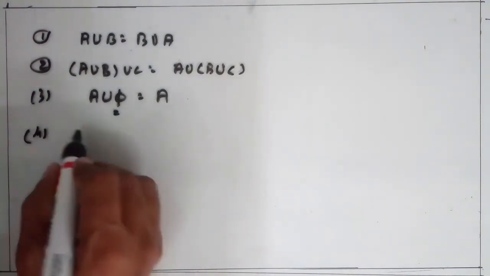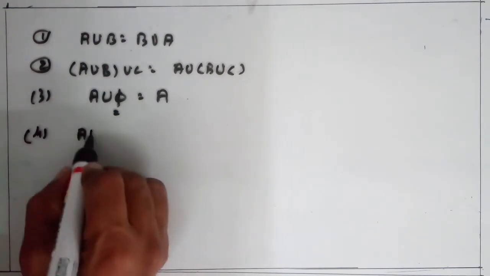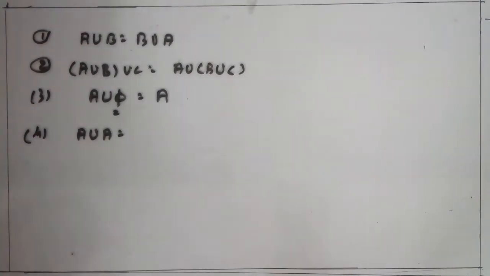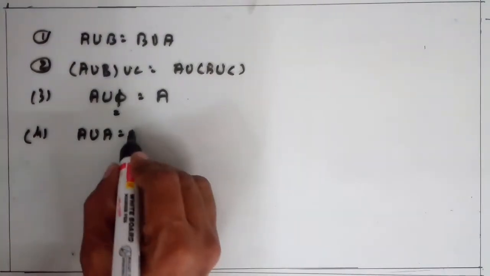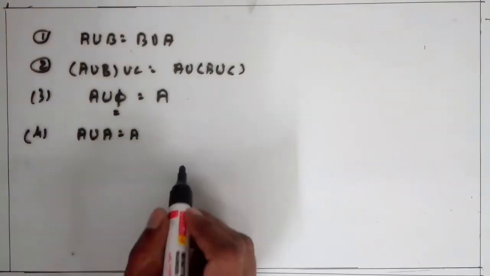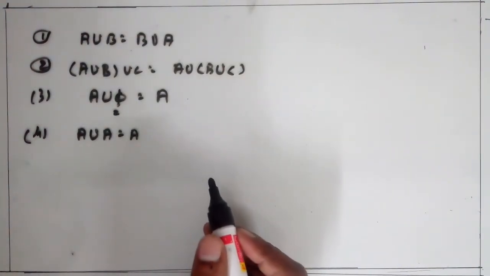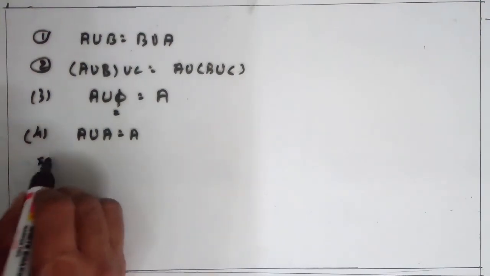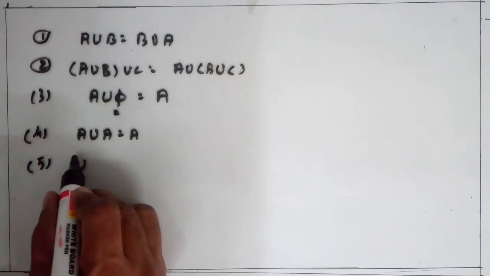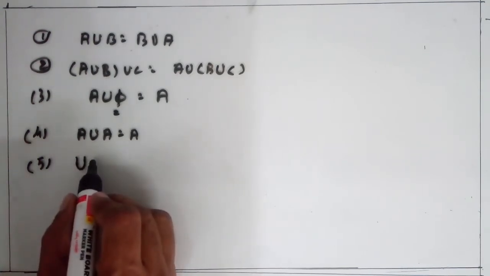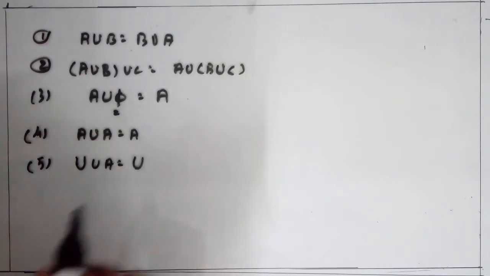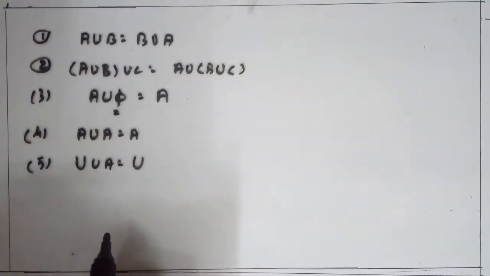Next, A union A is equal to A. This law is called the idempotent law. And the next, universal set union A is equal to U, the universal set.